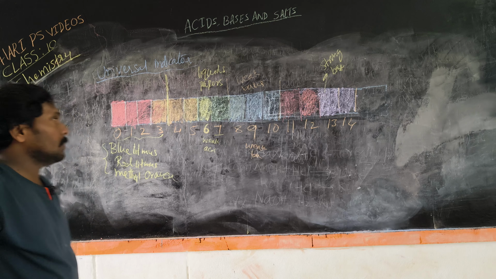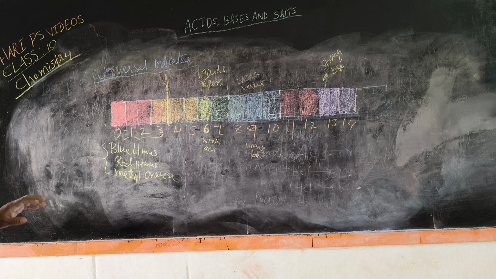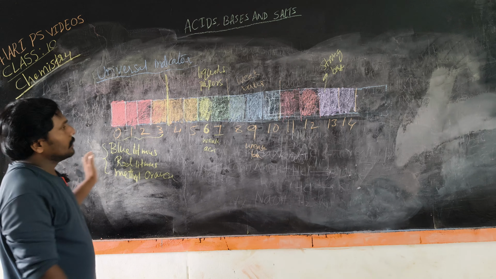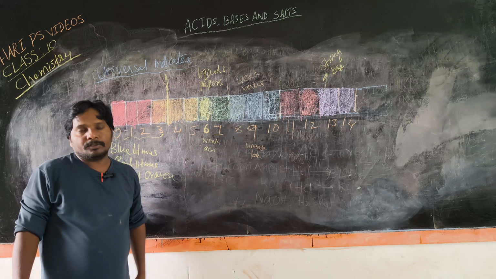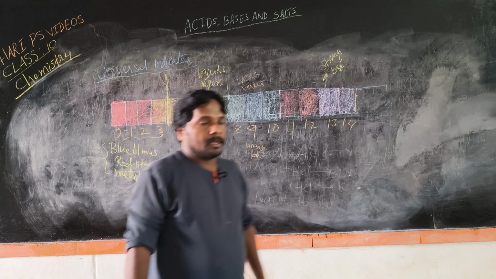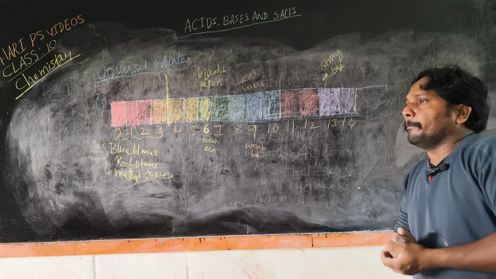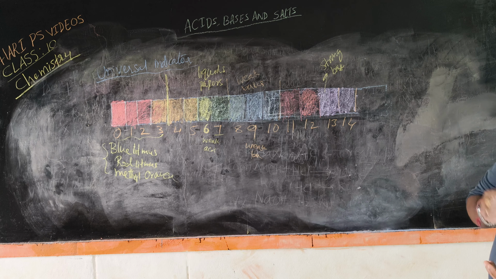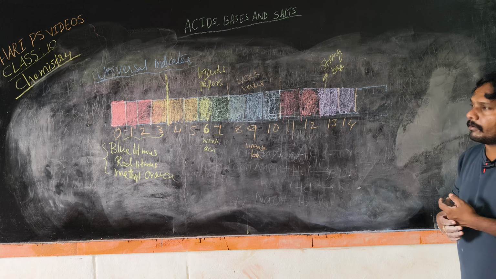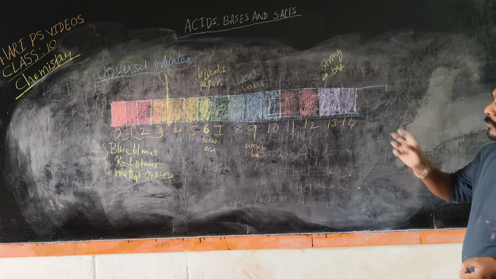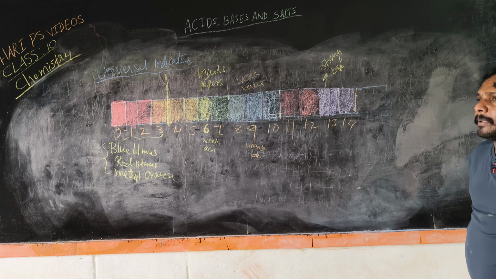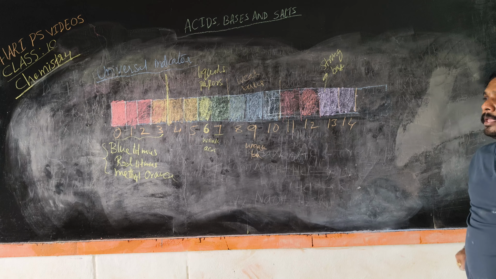Right. So this is about universal indicator. Universal indicator is a mixture of many colors, consisting of different pH values on the pH paper or the pH scale.